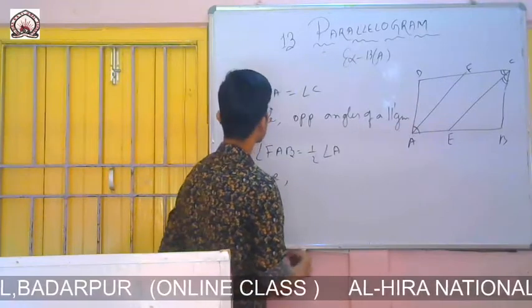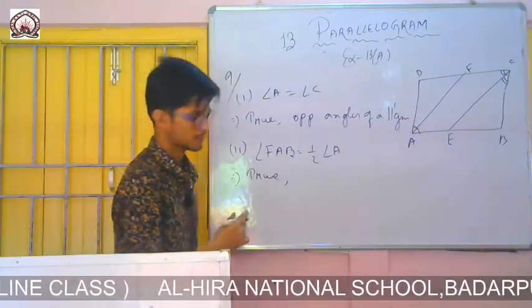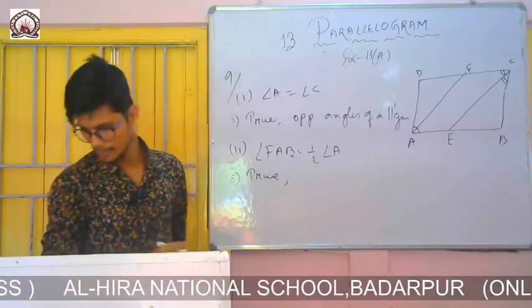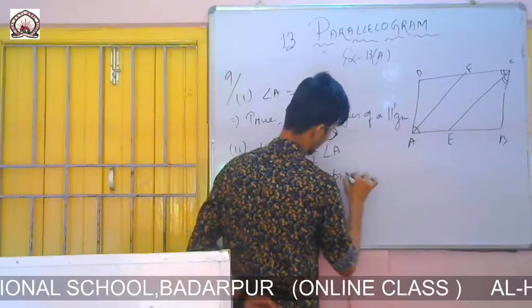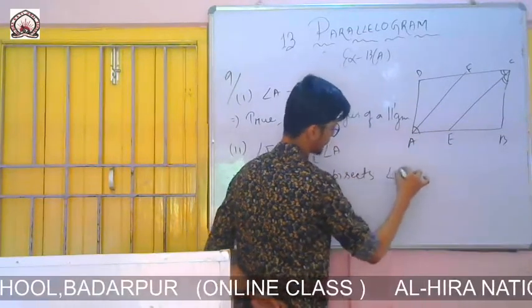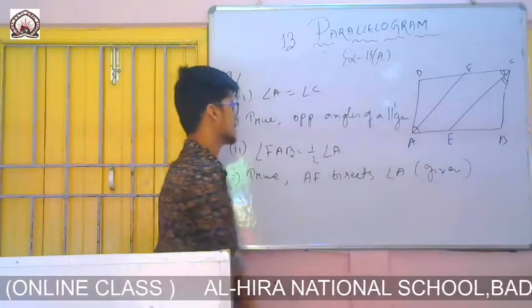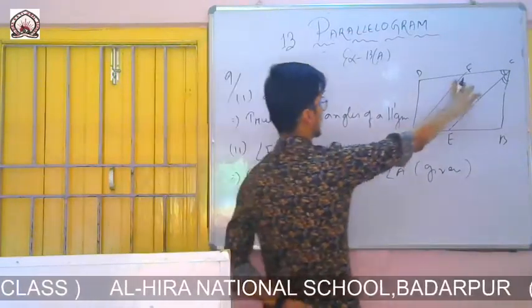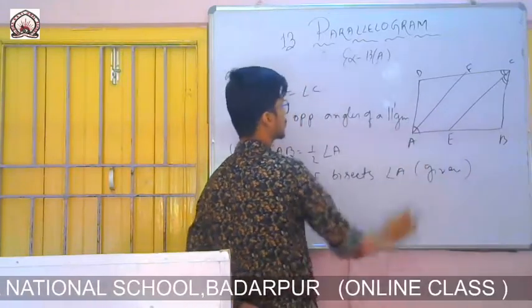And the reason will be, as in the book, you write AF bisects angle A. It is given, so you write given. It is given in the question that this line AF bisects this angle, that means equally divides angle A into two equal parts.